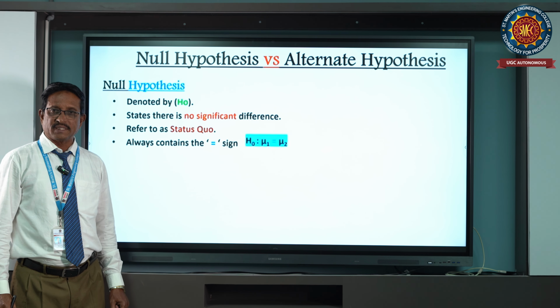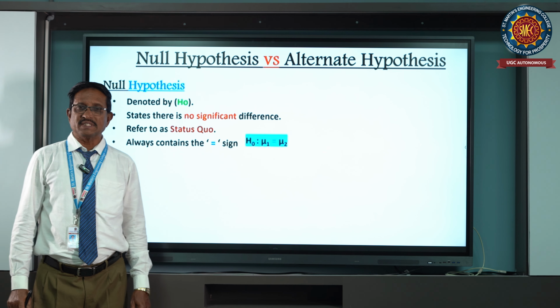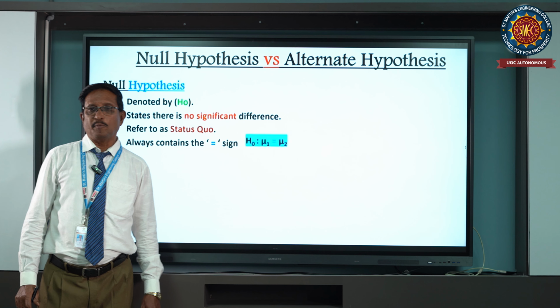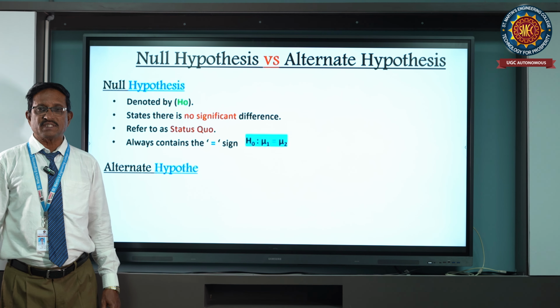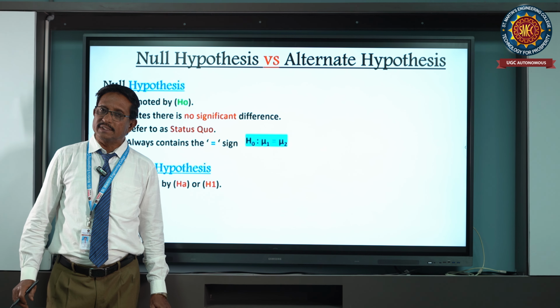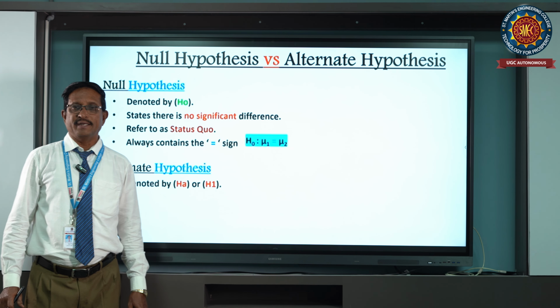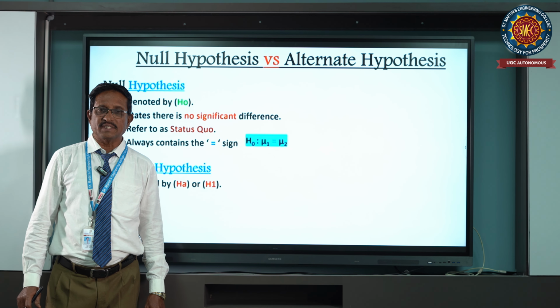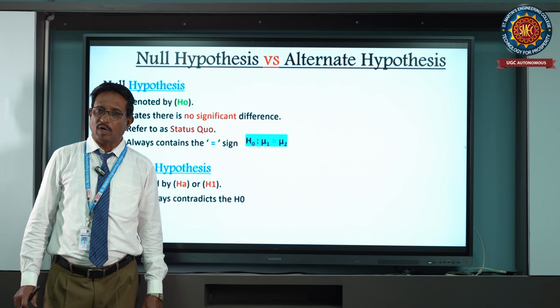Testing of hypothesis is the process of testing a hypothesis. A hypothesis is used to define the relationship between two variables. Hypotheses are of two types: one is the null hypothesis, and the second is the alternative hypothesis.